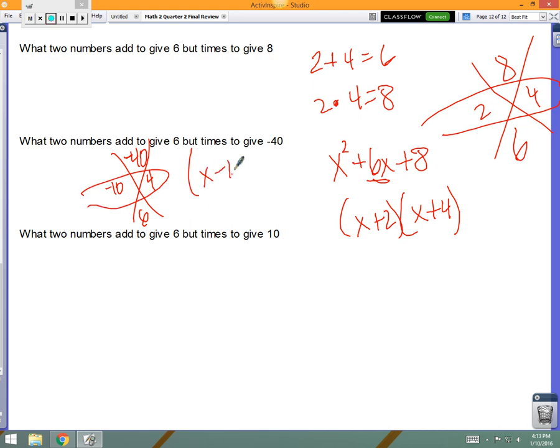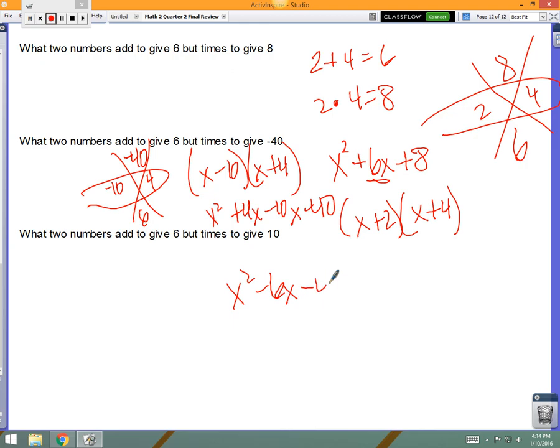So x minus 10 and x plus 4, times them through, they will be x squared plus 4x minus 10x minus 40. They will add to give you a minus 6, and they times to give, no, I think we got our signs wrong.